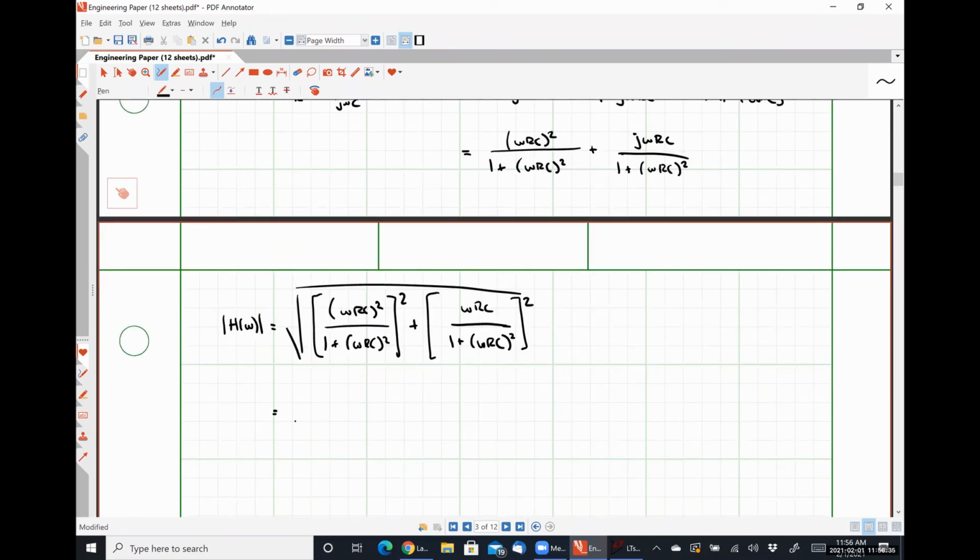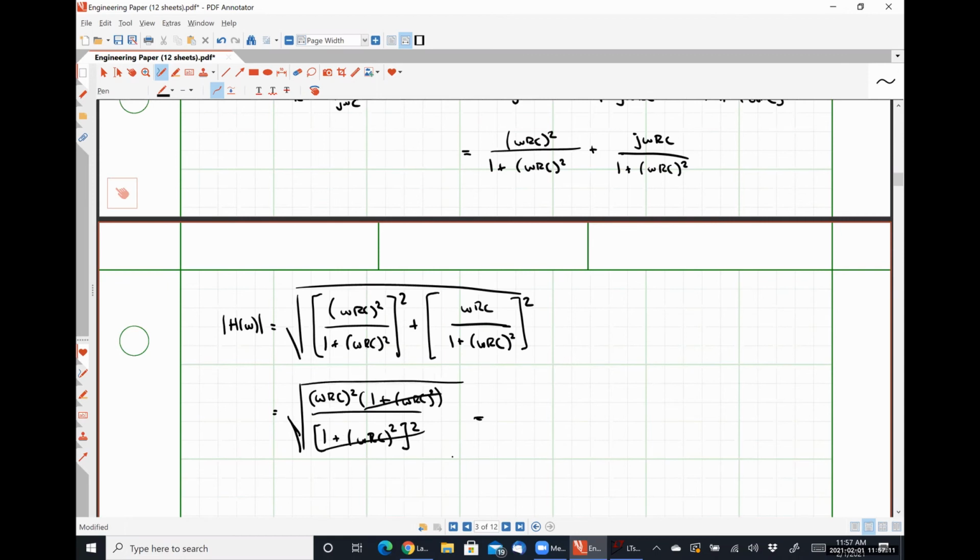So this is going to look like the square root of, with 1 plus (omega RC) squared as a common denominator, and then I'm going to have (omega RC) squared times 1 plus (omega RC) squared, like so.